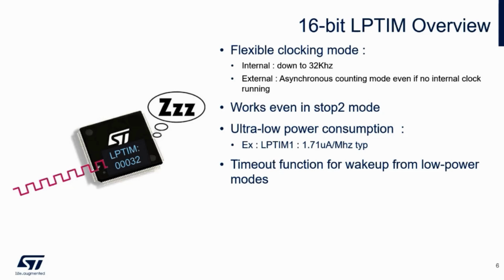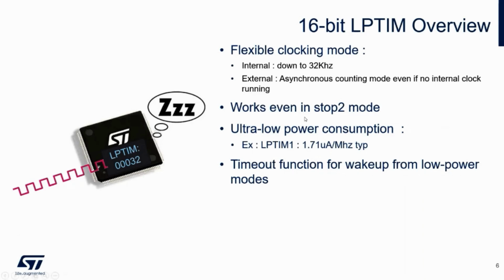It's a 16-bit timer. It has a very flexible clocking mode, and it can be clocked by the 32 kilohertz, which is what we will use. You can also have no clock at all and be in what we call asynchronous counting mode, if you want to count external signals sent to the U0, but we will not use this.